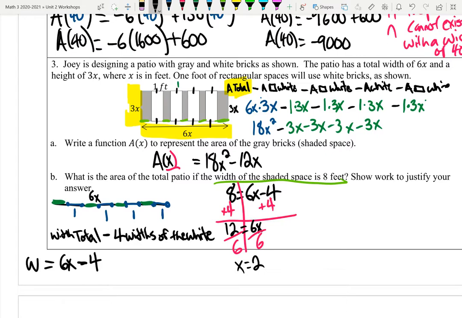And this makes sense: 2, 2, 2, 2 makes 8, 9, 10, 11, 12. 6 times 2 is 12. Mathematically, this works out.